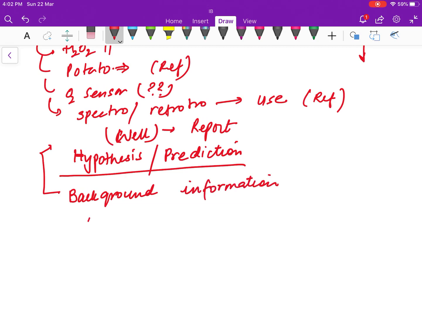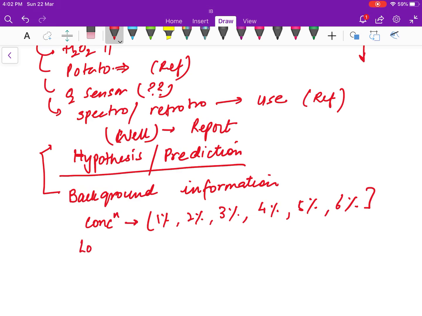If I'm talking about the concentration, the higher the concentration, the more the rate of reaction. So, for example, if my concentration is 1%, 2%, 3%, 4%, 5%, and 6%, my prediction is lowest at 1%. Don't write it this way, I'm just explaining to you, okay? Lowest at this, highest, followed by this, this, and this.